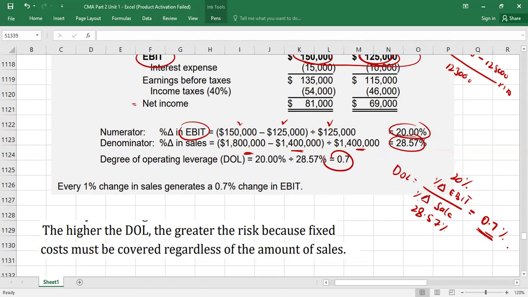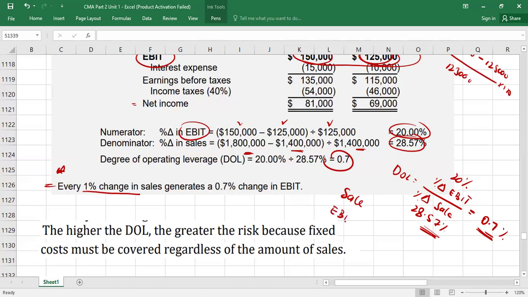Now I'm going to tell you the interpretation. The interpretation is: every 1% change in sales, because the denominator is the same. Let's assume this is the sales and this is your EBIT.